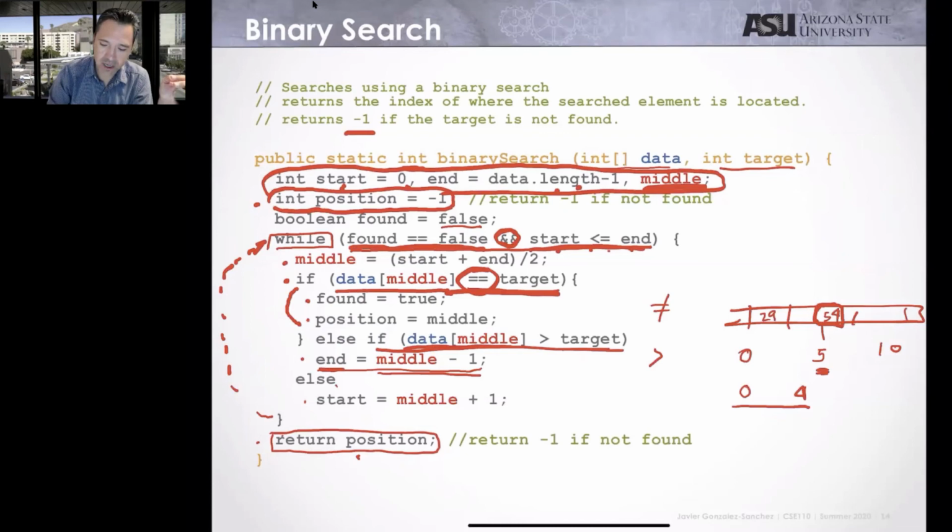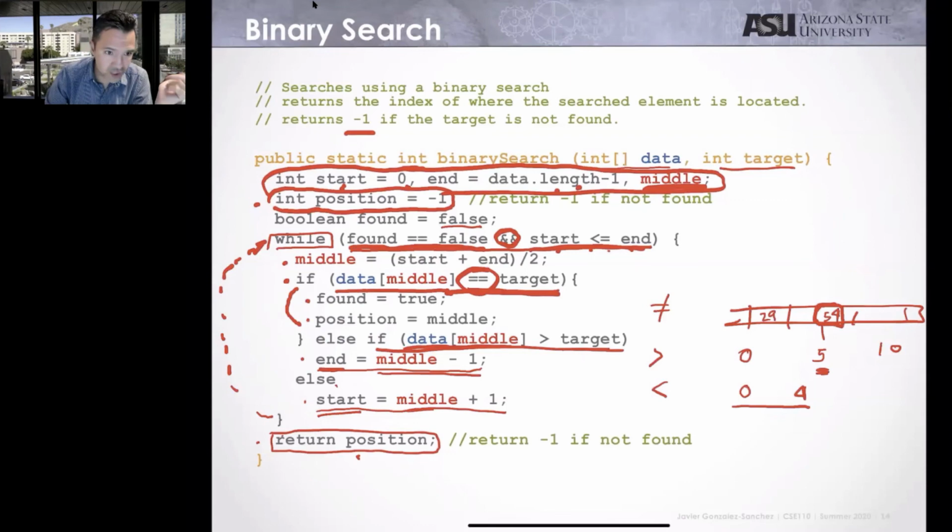So it's okay if I have here only the else, nothing else. And if you notice, if the middle is smaller, that was another option, well, we change the start, middle plus 1.